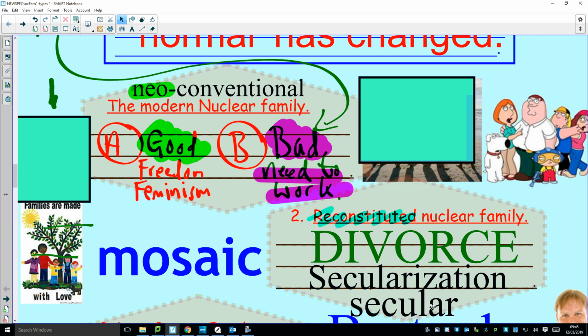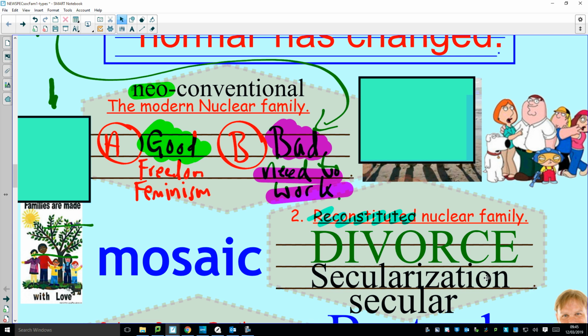In the past, very rare, very common these days, and we might say it's partly because of secularization, because religion is nowhere near as important now as it was. So people are more likely to get divorced and break up. Also sometimes called the mosaic family. Reconstituted, mosaic means the same thing.